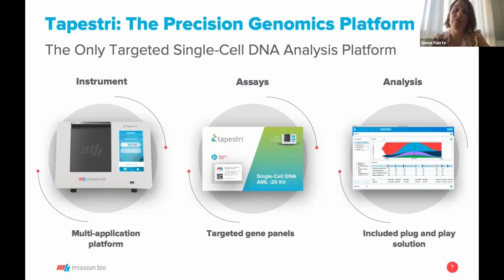We provide you all the reagents you require from preparing your cell suspension all the way to your sequencing ready library. In terms of the analysis, we have very friendly analysis solutions, and we train all our customers to perform the analysis on pipeline. We have 3 different pieces of software, all of them included in the price of the reagents, so you don't need to pay additional to analyze your data. We have a pipeline, and we also have very friendly software to generate these nice plots, as you can see here on the screen.